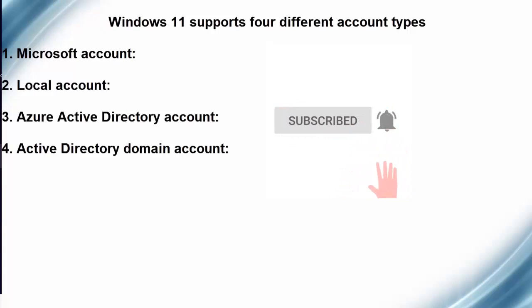Depending on what type of account you select during setup, that initial account can be a Microsoft account, an Azure Active Directory account, an Azure ID account, or a local user account. A fourth user account type is a local Active Directory domain account, which is only available on a managed network system.